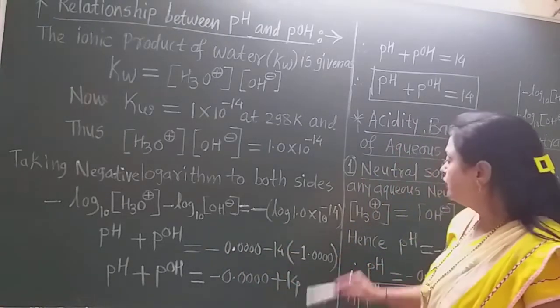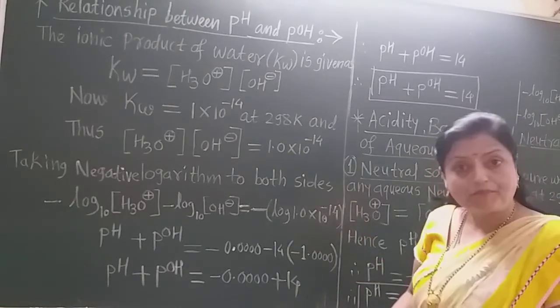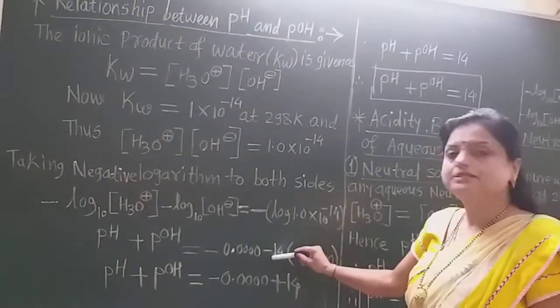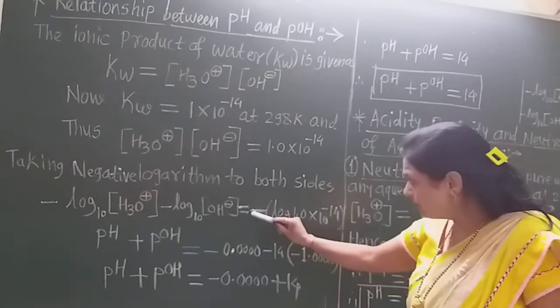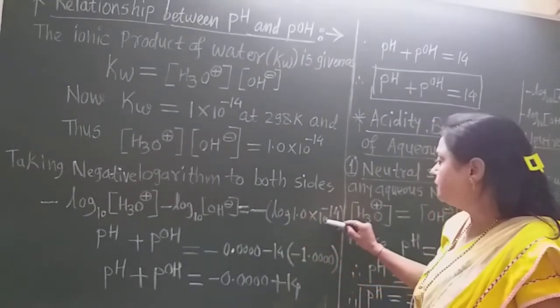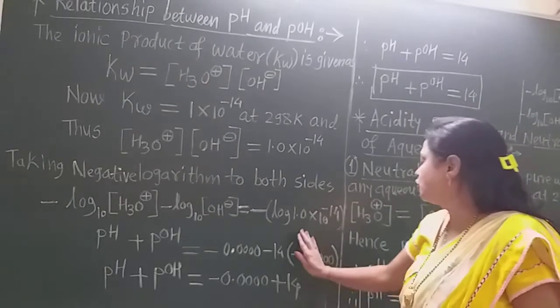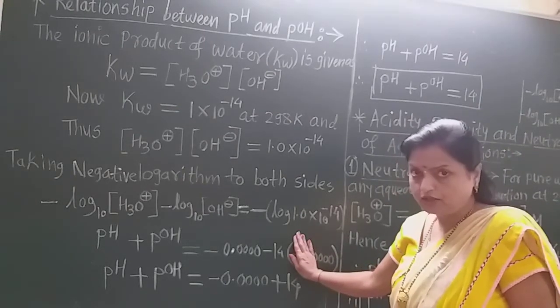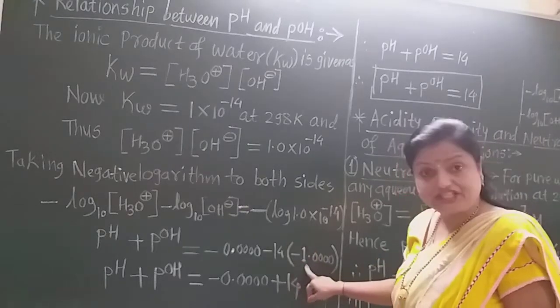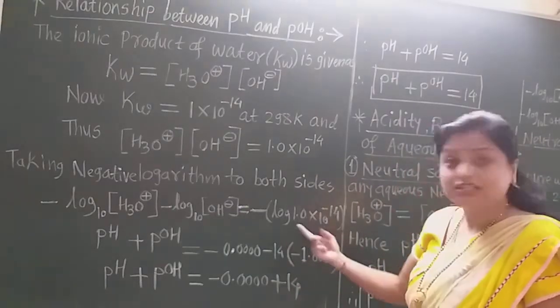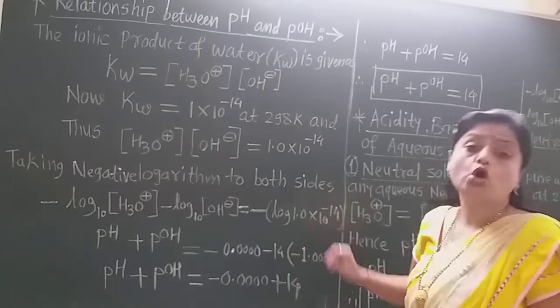Therefore minus 0.0000. Now this minus 14, which is the power, gets multiplied as minus 14 and again minus log of 10. Minus log of 10 is 0.0000, but for 10 the characteristic is 1. But here it is the minus log, so the sign is also minus.